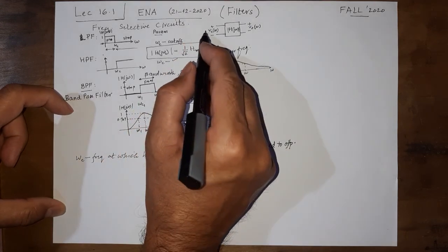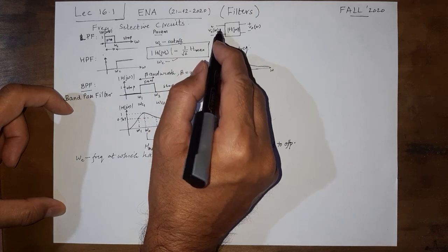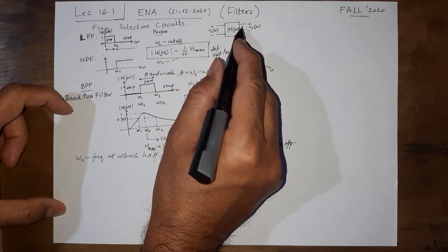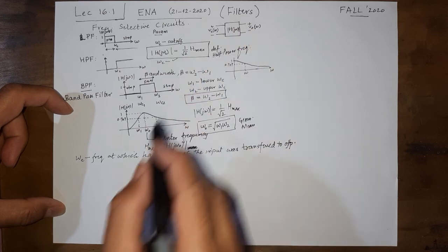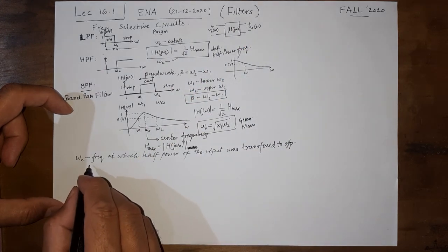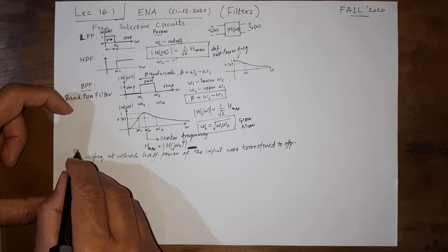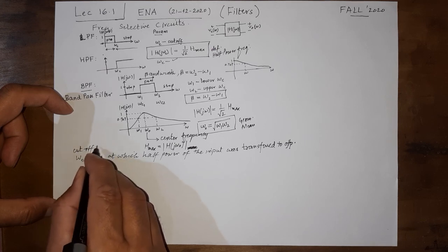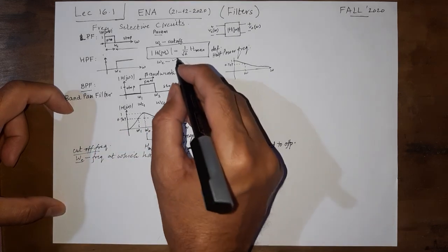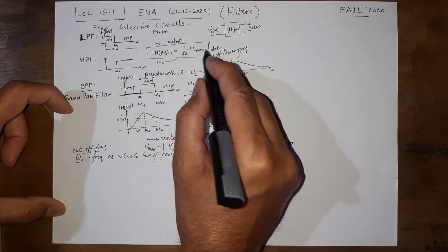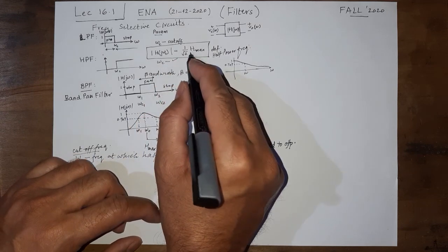So if this system was receiving 100 watts of power, then the frequency at which the output would be receiving 50 watts of power is the frequency that was labeled as the cutoff frequency. So that was how this was chosen. However, this exactly corresponds to this thing. So why is this so?